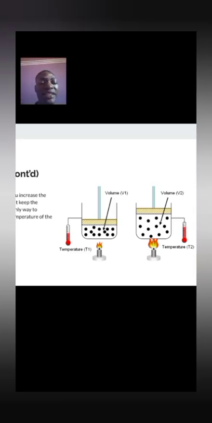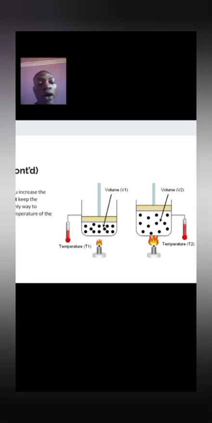And in the case of a gas, when you increase the pressure of the gas, you indirectly can also increase the temperature.